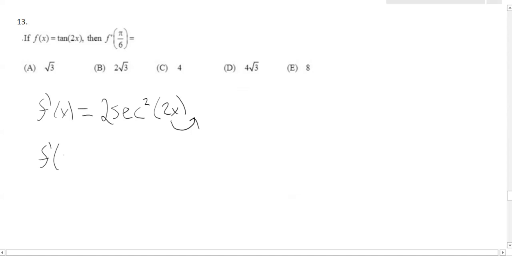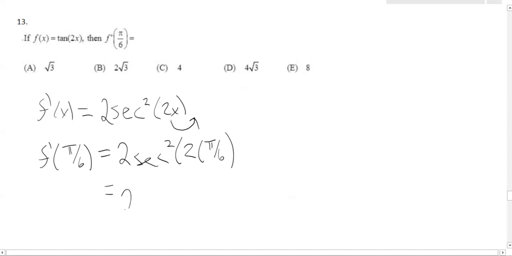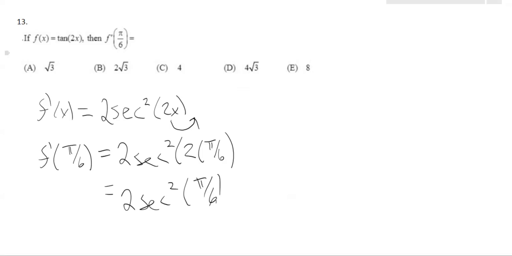So f prime of pi over 6 is 2 secant squared of 2 pi over 6, which is 2 secant squared pi over 3. And now this is where it's important to know your special values of trig functions.